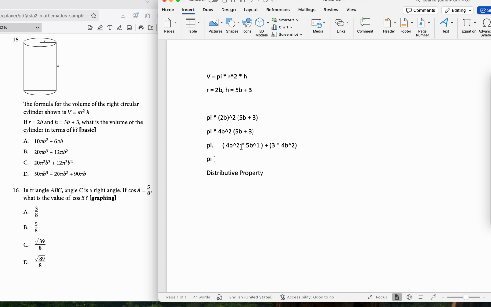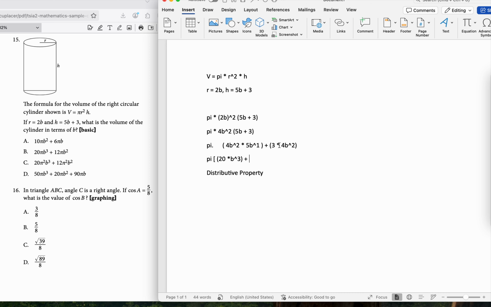So 4b squared times 5b to the first power. We have 4 times 5, and that's 20. And that's multiplied by b squared times b to the first power, which is just b cubed, because we're adding the exponents. So b cubed. And then you want to add all of this to 3 times 4b squared.